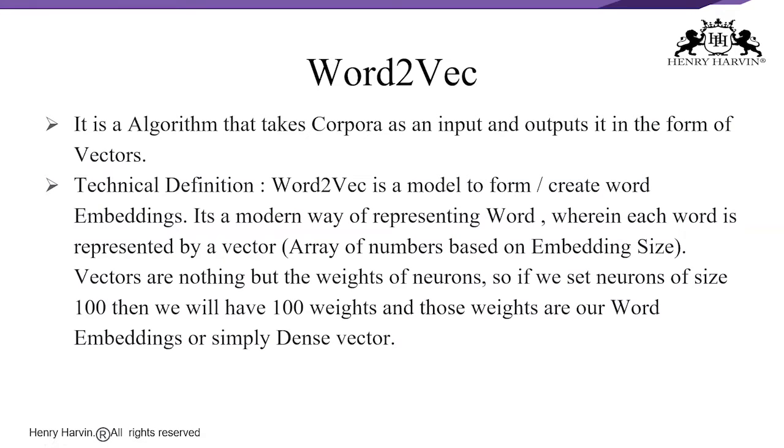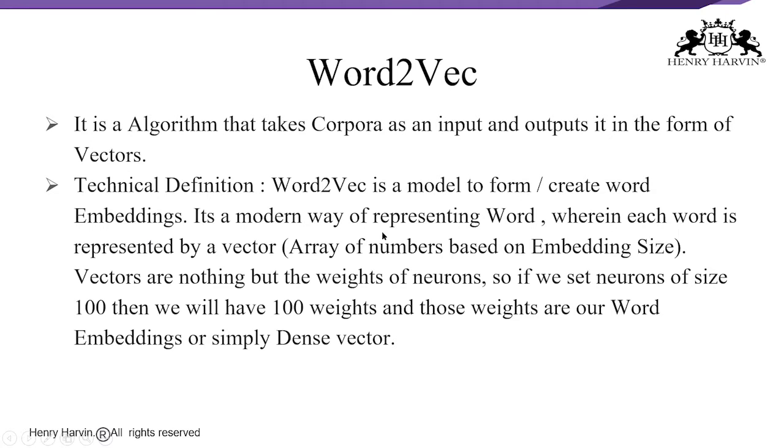So let us try to understand what it is. Word2Vec is not a single algorithm; it takes a corpus as input and outputs it in the form of vectors. Technically speaking, Word2Vec is a model to create word embeddings.